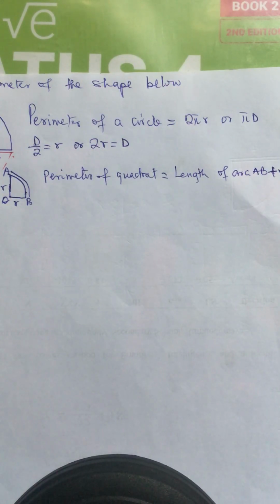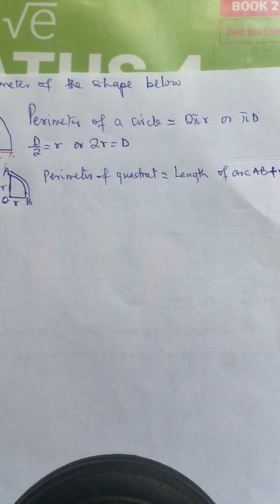Now, how do I get the length of that arc? The length of that arc is a portion of the total circumference of a circle. I hope you know that from where I cut it from. The length of that arc AB is a part of the total circumference of a circle.